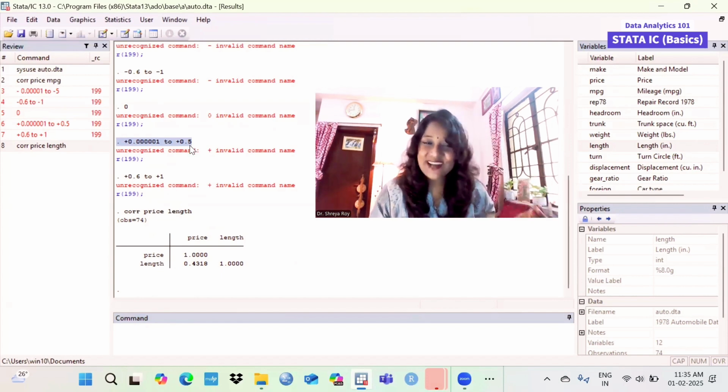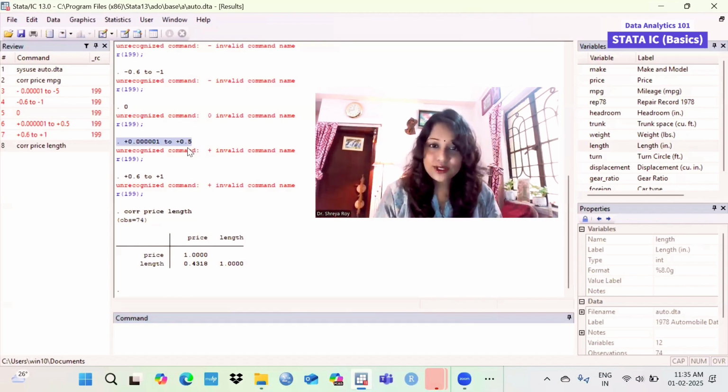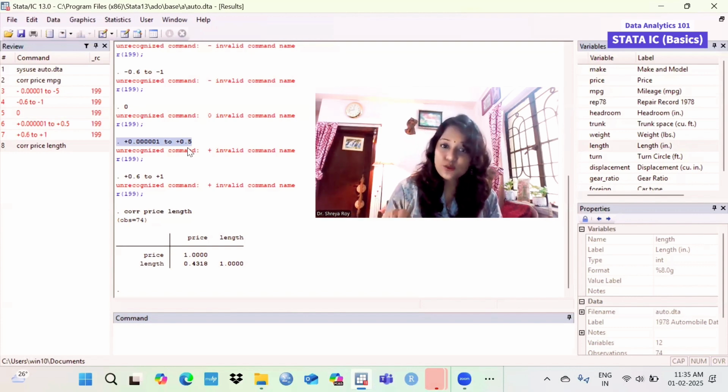No, sorry. As price increases, the length increases. So as one variable increases, the other variable also increases. When it is negative, the two variables go in opposite directions, and when it is positive, the two variables move in the same direction. I hope that was helpful.